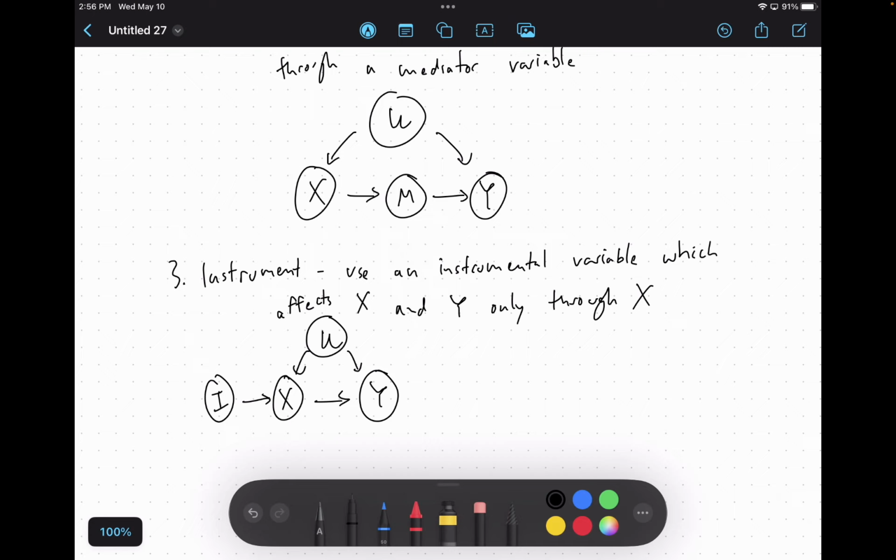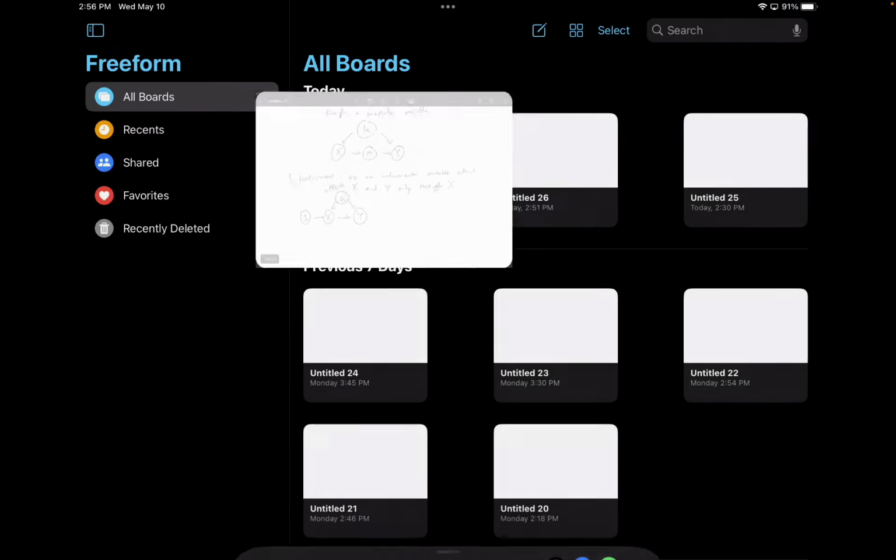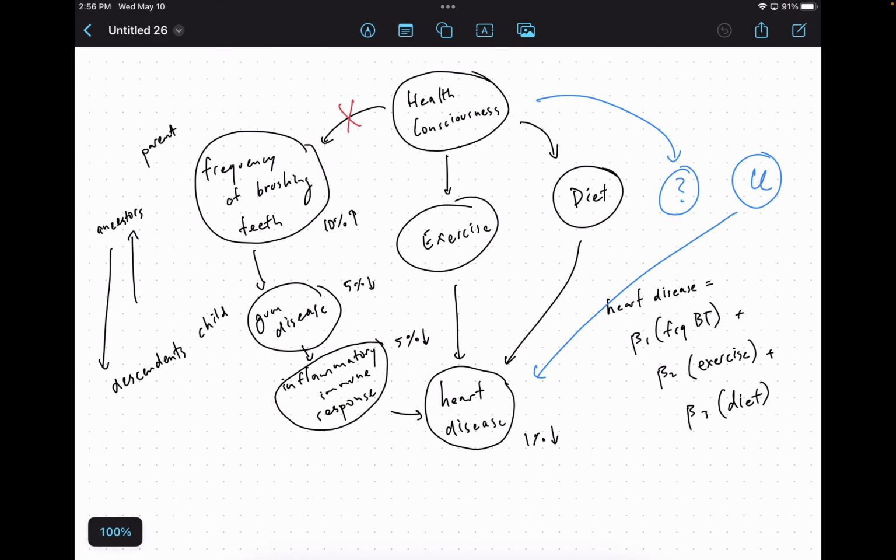The front door and the back door are both a little bit less common. It's harder to get a mediator variable for all direct paths to Y. So if you imagine our example here, that would mean that I would have to have some mediator variable here that all of these paths go to before I get to heart disease.